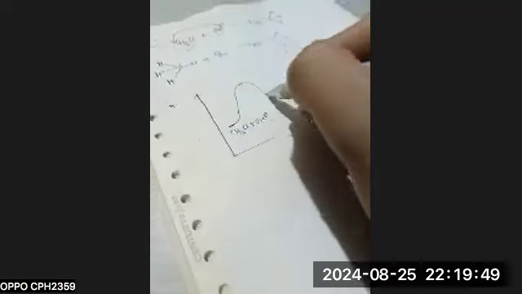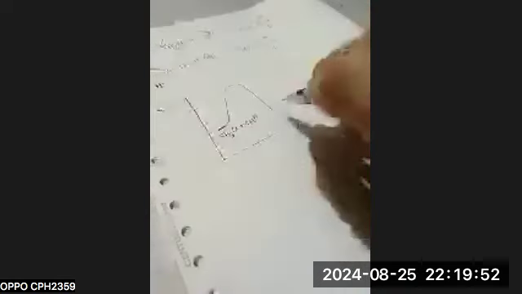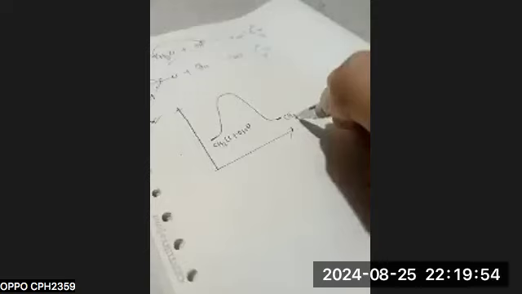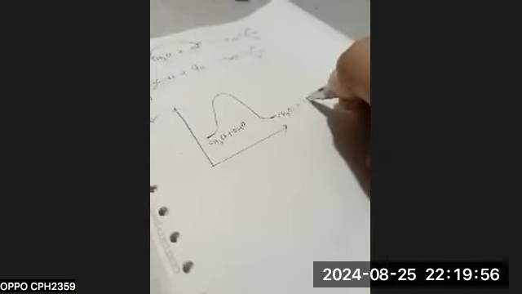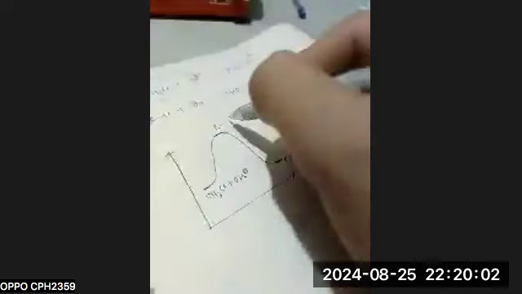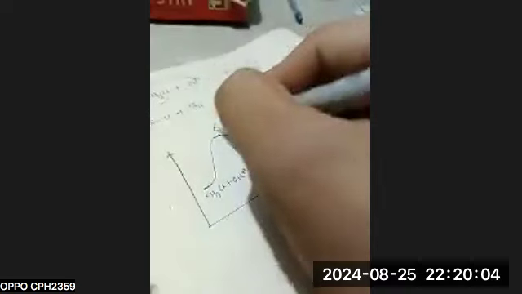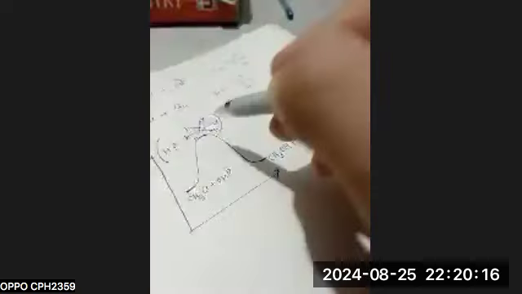After that, methanol forms with the Cl minus, and this is the transition state. The transition state is like this: chlorine, hydrogen, and this OH minus.